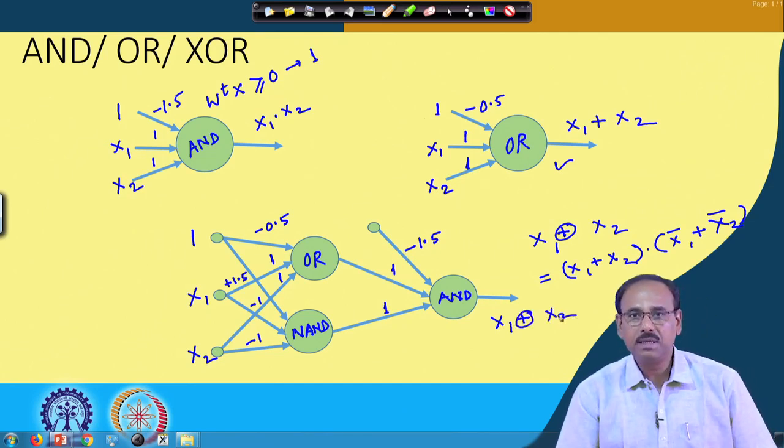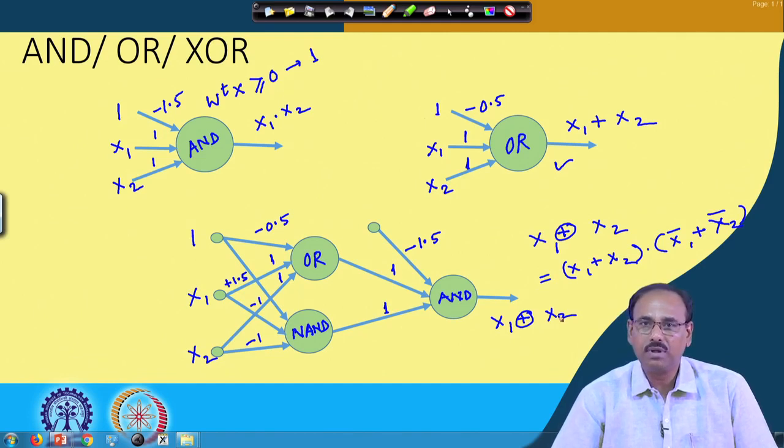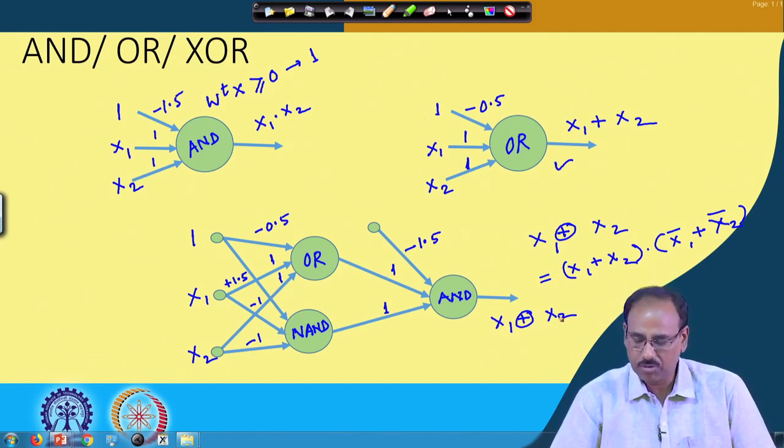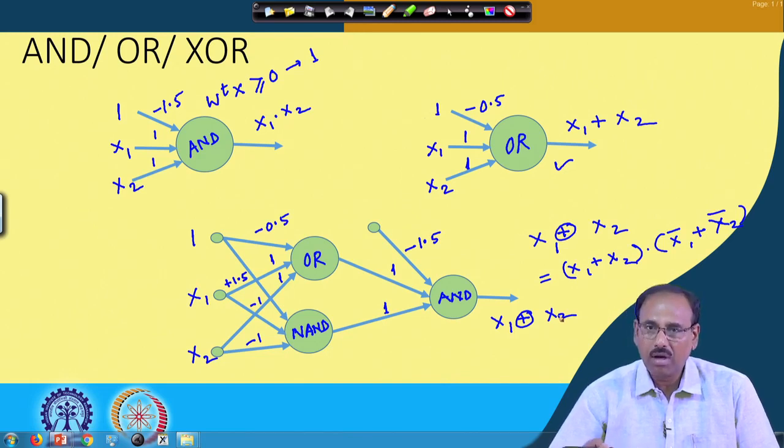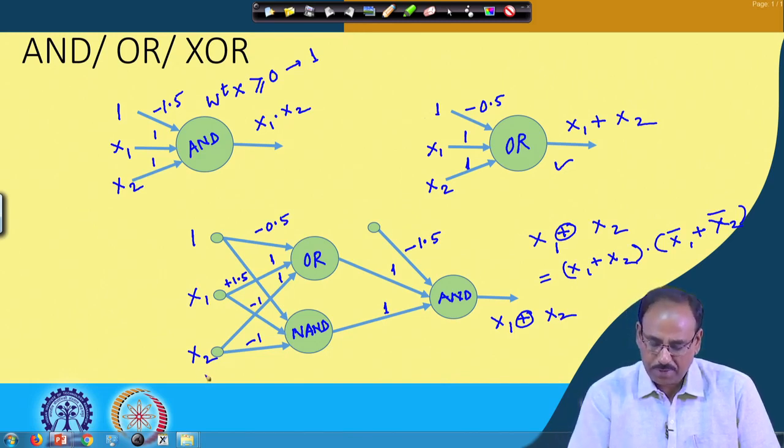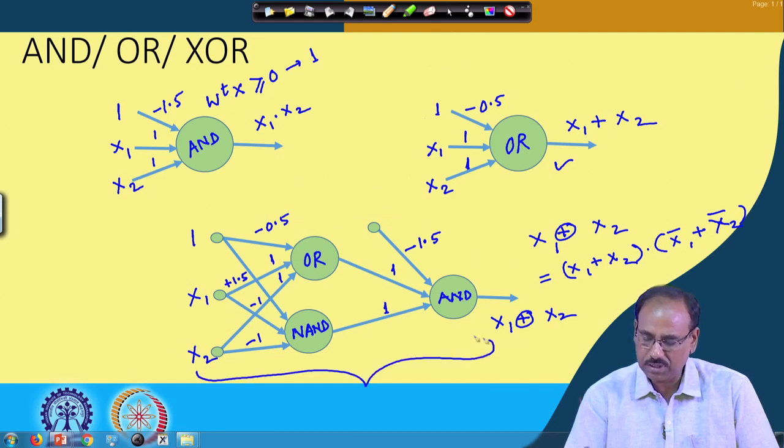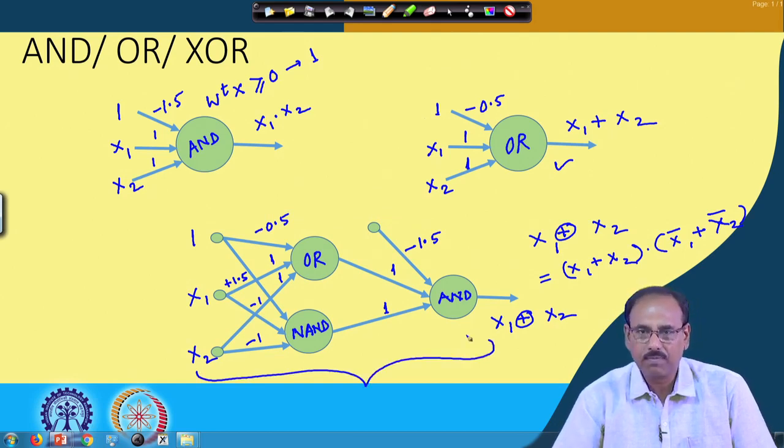So, you find that these are simple implementations of the logic functions using neural networks. Now, particularly from this XOR function, it is quite obvious that if the problem that you have to implement is a nonlinear problem, it cannot be solved using a single layer network.